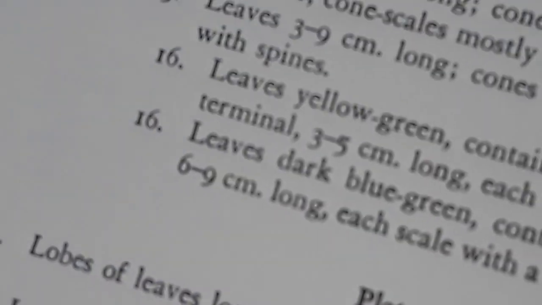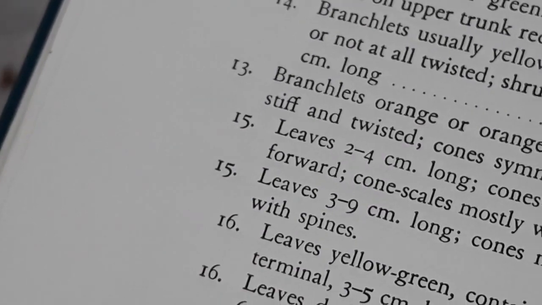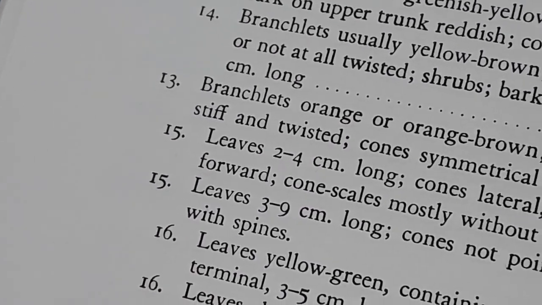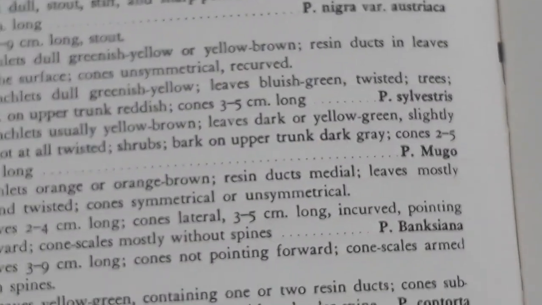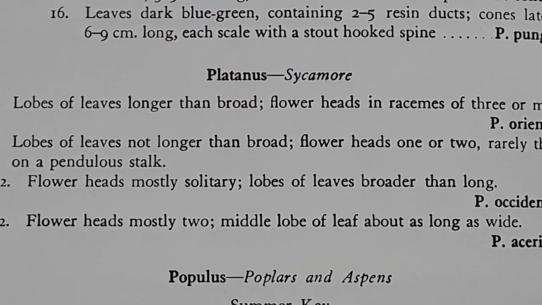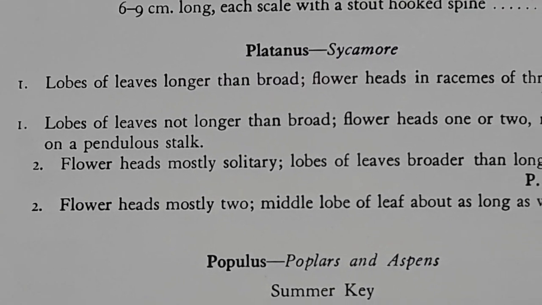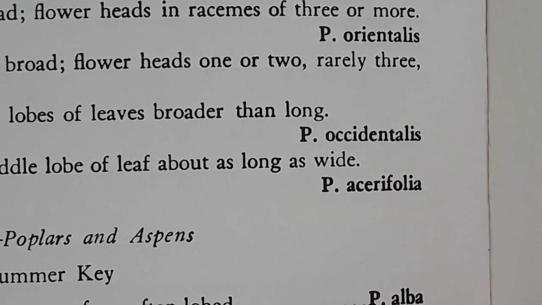I think I found some fruit, which, if I can zoom in on it, I don't know with this phone, it's too high up there, but they are indeed mostly 2 on long stalks. And that takes us to Platanus acerifolia.